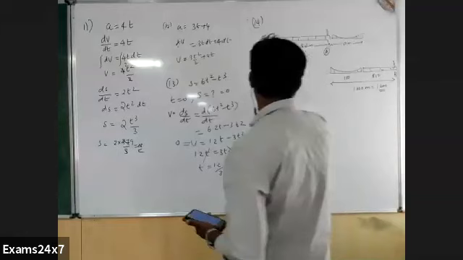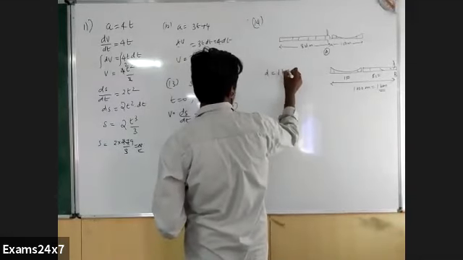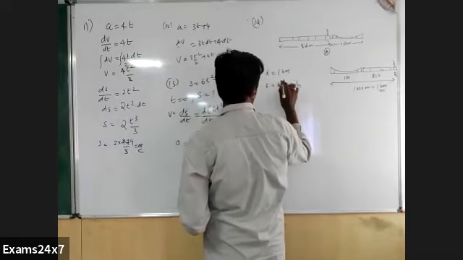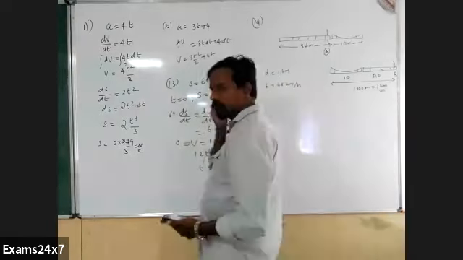Okay. How much speed is given? So distance covered is 1 kilometer. Speed given is 45 kilometer per hour.